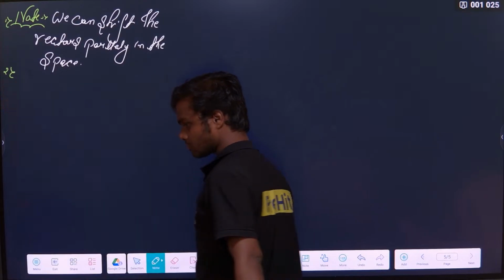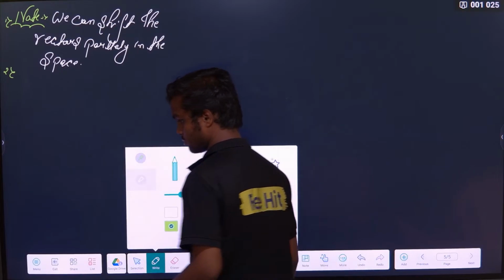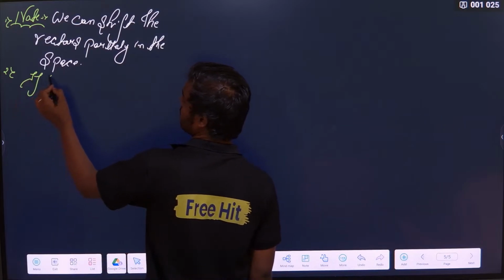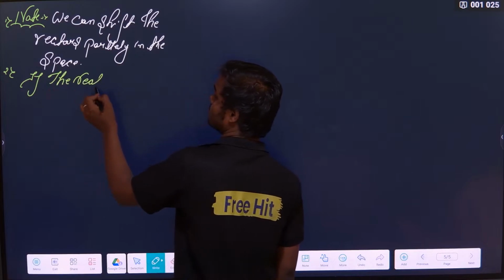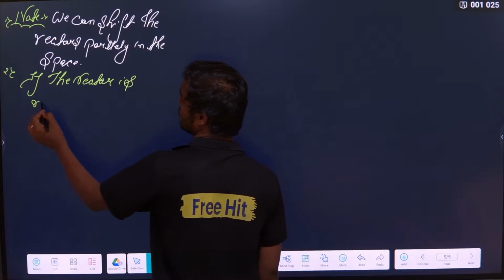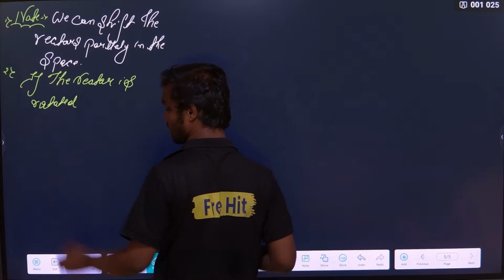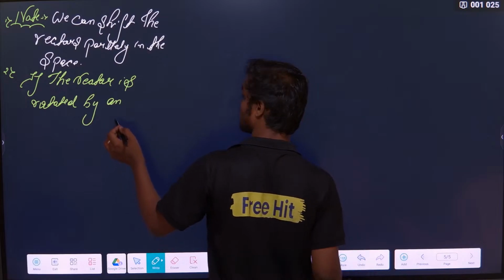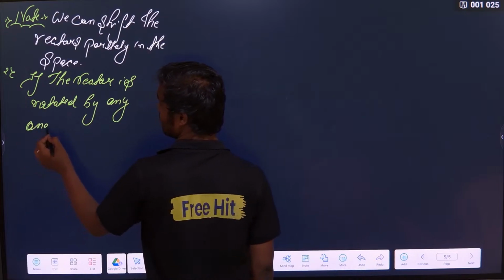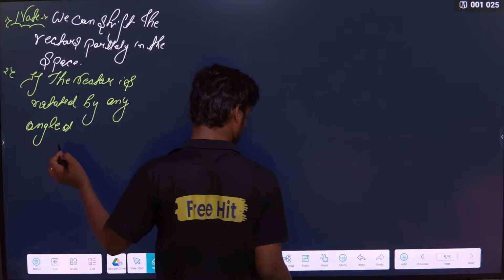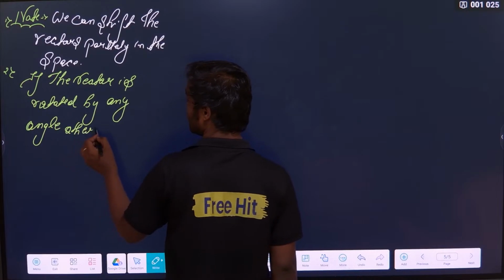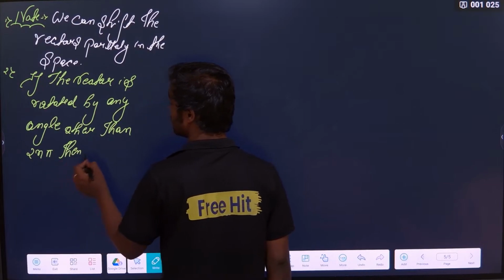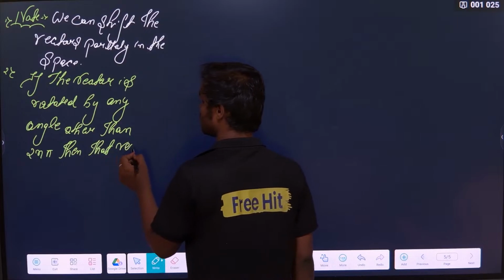Second point is, if the vector is rotated by any angle other than 2 n pi, then that vector will change.